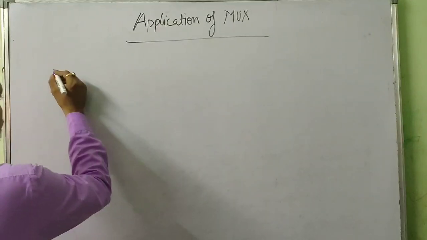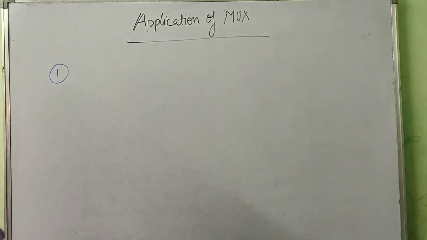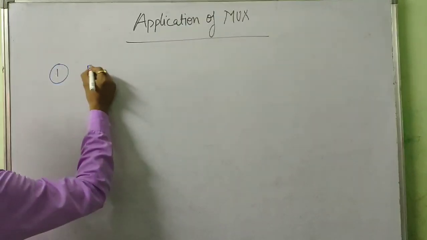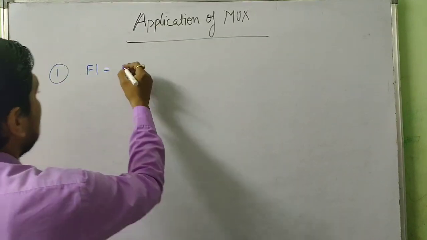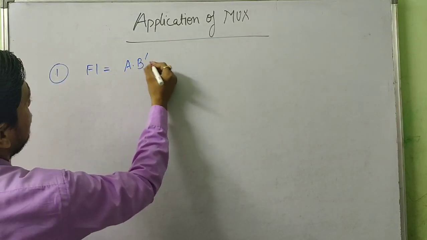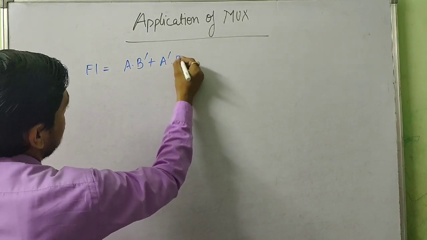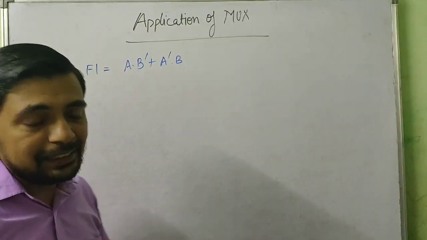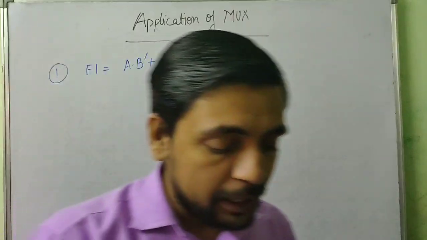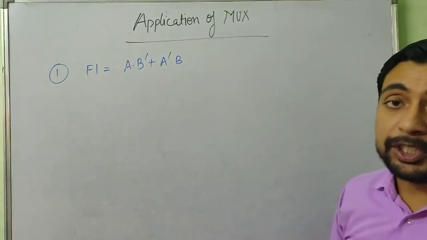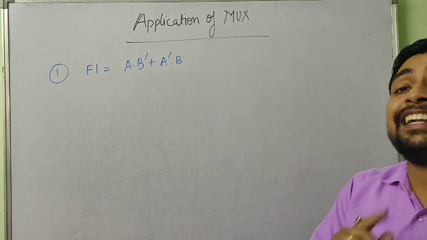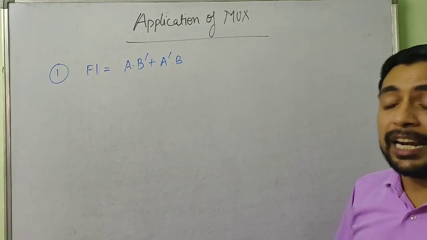But if they ask you to do it with a universal gate, for example, let's suppose this is a Boolean expression, A and B complement plus A complement and B. Well, it's clear, it's a XOR gate, we know that. But the question is saying, create this Boolean expression with the help of NAND gate.